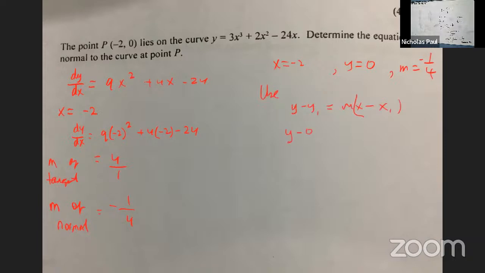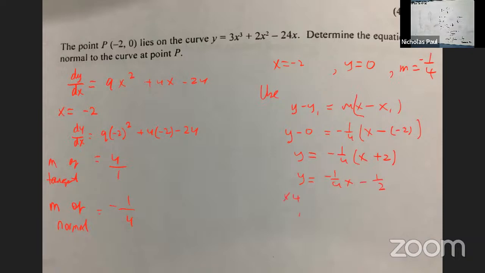So y minus 0 is equal to minus 1/4 by x minus x1. So y is equal to minus 1/4 x minus 1/2.